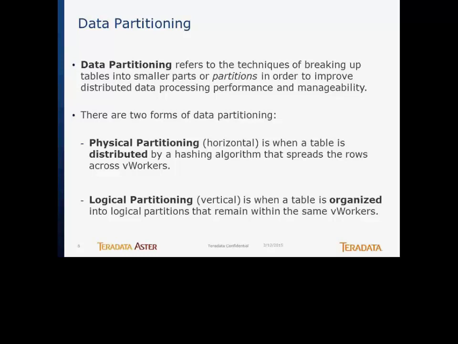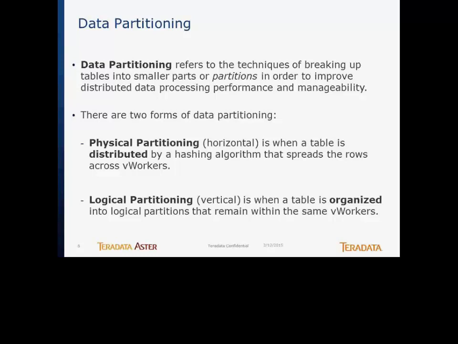The reason is that you want these activities to happen locally on the vWorker as opposed to being transferred across vWorkers. If the key is mostly used in joins and group bys, then most of your workload is done locally on the vWorkers. Excellent. Thank you.